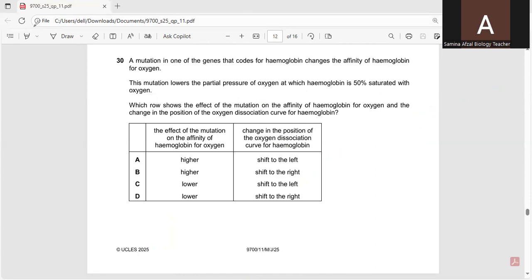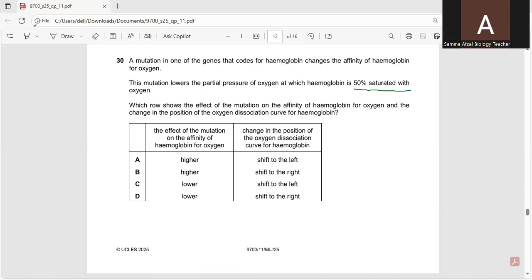This mutation lowers the partial pressure of oxygen at which hemoglobin is 50% saturated with oxygen. Which shows the effect of the mutation on the affinity of hemoglobin for oxygen and the change in the position of the oxygen dissociation curve for hemoglobin?